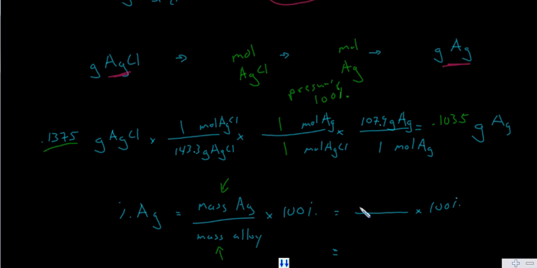The mass of the silver we now know is 0.1035 grams, and the mass of the alloy we know originally was 0.1264 grams. Then you can take that ratio and multiply by 100%, and you get 81.88% of that alloy was silver.